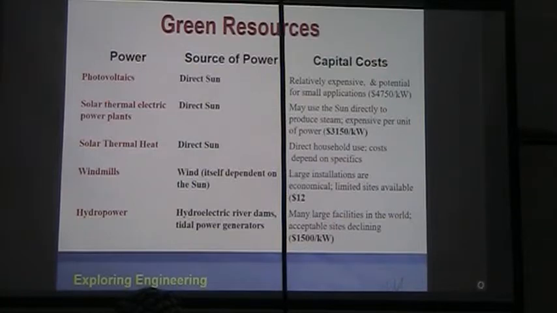All right, so when we think about our green resources and how we use them, well, photovoltaics have become a very popular way.